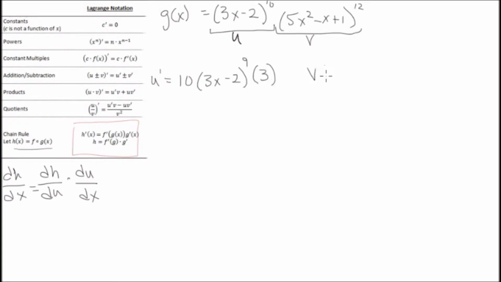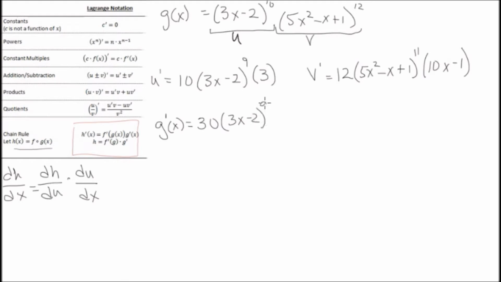And the derivative of v is going to be equal to 12 times (5x² - x + 1) raised to the 11th times (10x - 1). And so my derivative of g of x is going to be equal to the derivative of u. I'm going to multiply my constants together. I get 30 times (3x - 2) to the 9th.